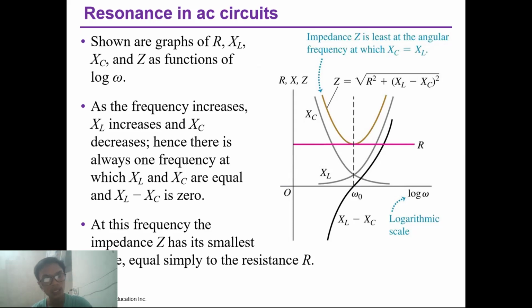At this frequency, the impedance Z has its smallest value equal simply to the resistance R. So based on the diagram, the impedance is at its least at the angular frequency at which the capacitive reactance is equal to the inductive reactance. So impedance is at minimum value and the current amplitude is maximum.